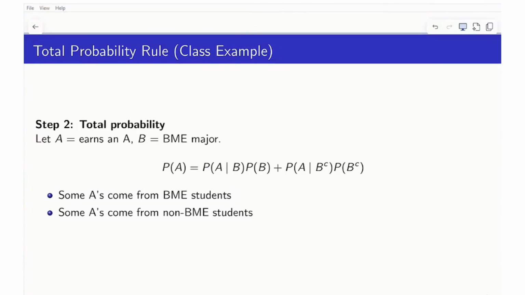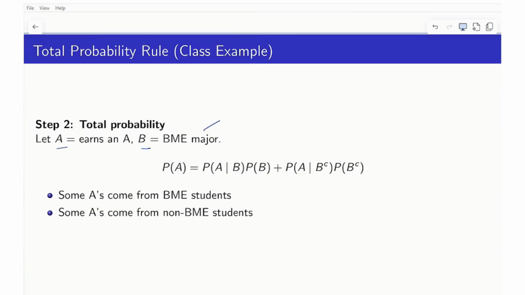Before we use Bayes' theorem, we need the total probability rule. Let's continue using the class example. Let A be the event that a student earns an A, and let B be the event that the student is a biomedical engineering major. Every A in the class must come from one of two groups: biomedical major students or non-biomedical major students.